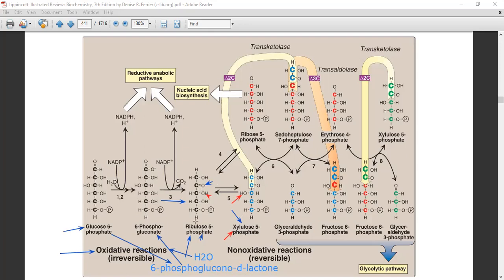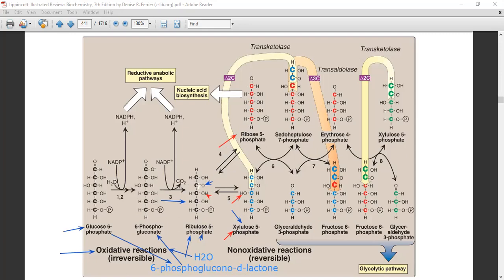Then ribulose 5-phosphate can also be converted to ribose 5-phosphate by the phosphopentose isomerase. I want you to see the changes that it undergoes. First, it is converted from a ketopentose to an aldopentose. You can see this is an aldo sugar, an aldopentose, and this is a ketopentose.